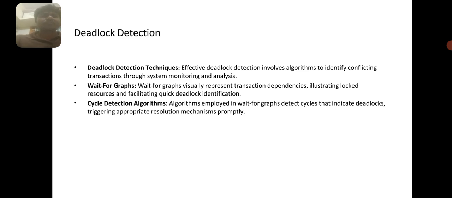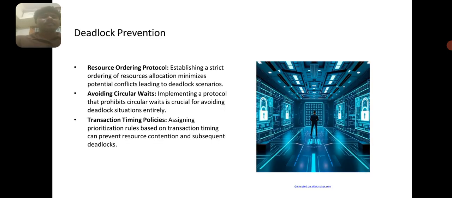The wait-for graph visually presents transaction dependencies, illustrating locked resources and facilitating quick deadlock identification. The cycle detection algorithm employs the graph to detect a cycle, which indicates a deadlock, triggering the appropriate resolution mechanism promptly.